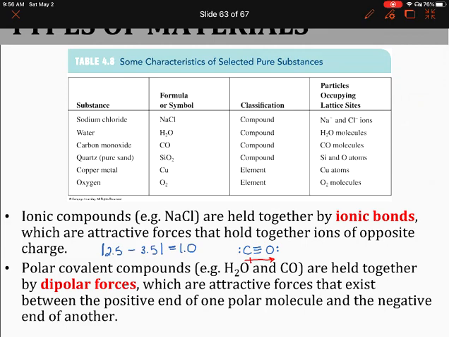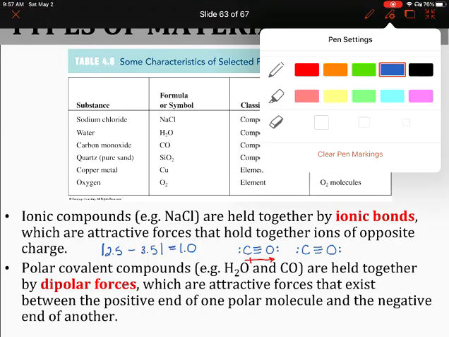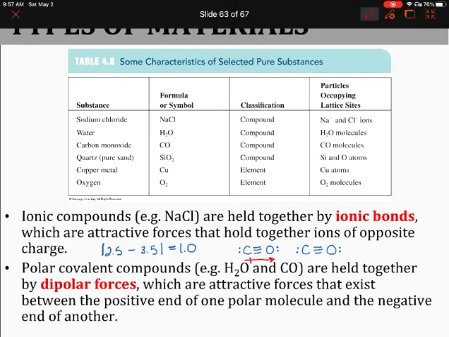Now, what if we have an entire container filled with carbon monoxide? How would those different carbon monoxide molecules be attracted to each other? So let's say we have another carbon monoxide molecule. It is going to orient itself so that the positive end of the second molecule is attracted to the negative end of the first molecule.